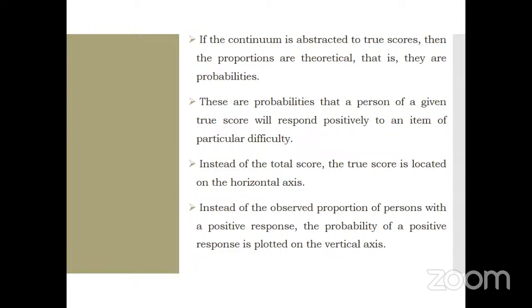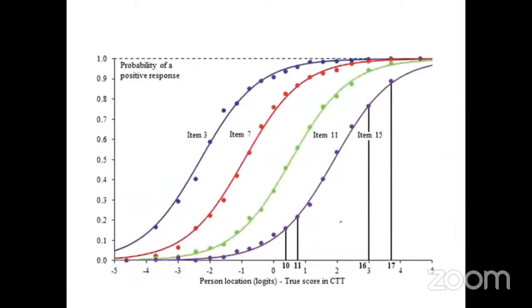So instead of the total score, the true score is located on the horizontal axis, and instead of the observed proportion of persons with a positive response, the probability of a positive response is plotted on the vertical axis. This is only possible when you are considering an infinite number of people for your testing. So then it looks something like this.